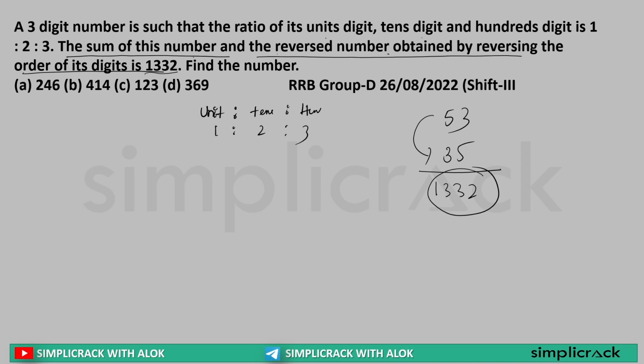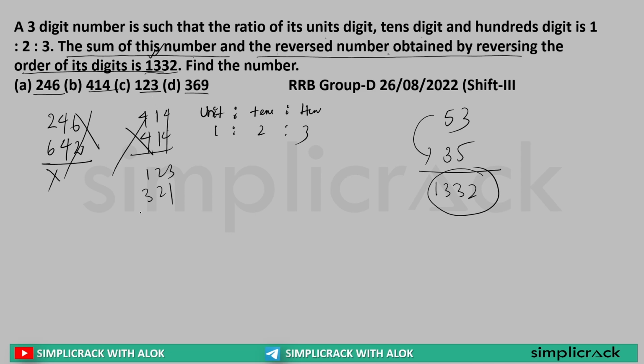Okay, now understand this. The options are 246, 414, 123, 369. 246, if I reverse the digits, it will be 642. If I add both, will I get 1332? No. So this is not the option. 414, if I reverse it, it will be 414. If I add both, I will not get 1332. 123, reversed gives 321, not the option. What about 369?